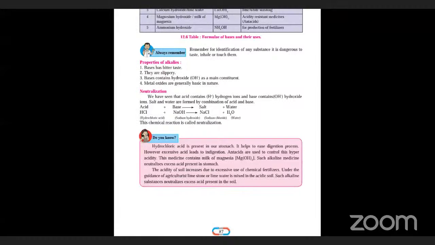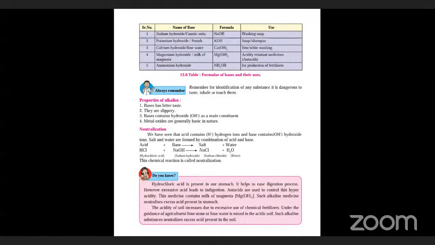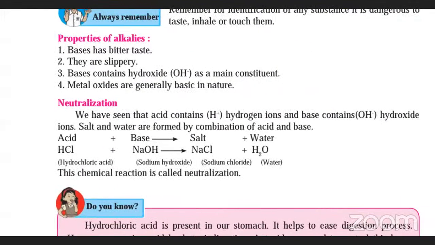Then talking about the properties of bases. Acids are sour to taste, but bases are bitter to taste. What is the taste of the base? It is bitter. We have discussed this in detail in the last lecture also. They are slippery to touch. This also we have discussed.